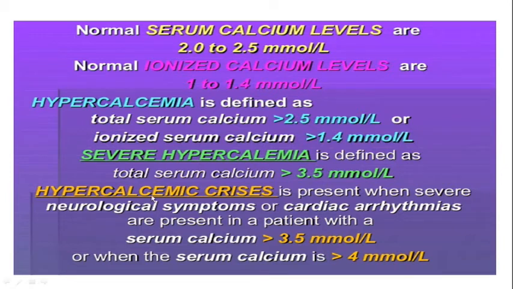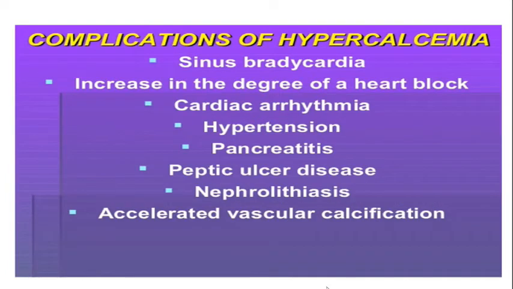Then hypercalcemic crisis is when severe neurological symptoms or cardiac dysrhythmias are present in a patient with serum calcium higher than 3.5. Complications of hypercalcemia, as PTH goes on to cause hypercalcemia, will be sinus bradycardia and a shortened QT interval, and a very high level of serum calcium can lead to cardiac arrest, which is a very dreaded complication.